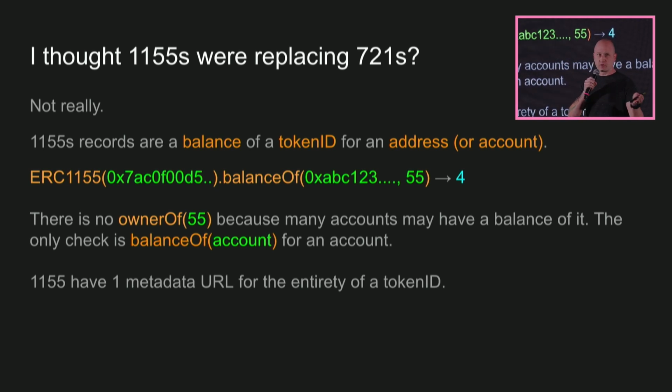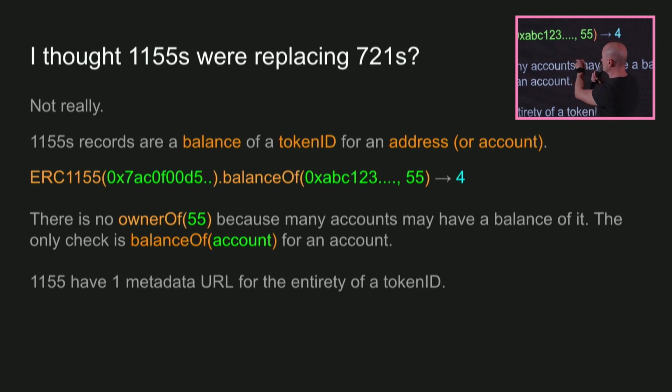I assume everyone here is familiar with ERC20s? Super basic, right? An 1155 is more like an ERC20 for each token ID, in that you can give a balance to a user. So I don't give you one, I can give you five, right?